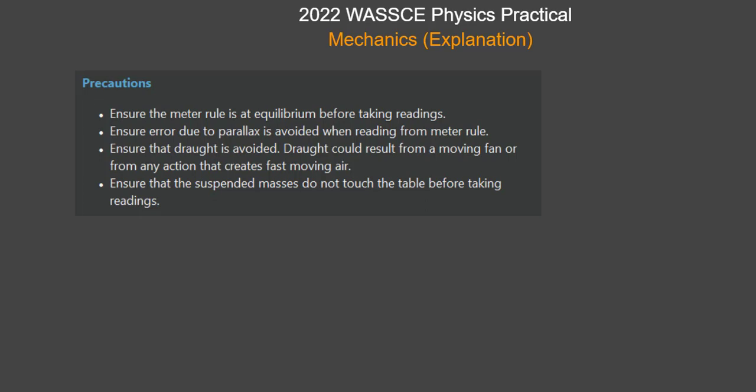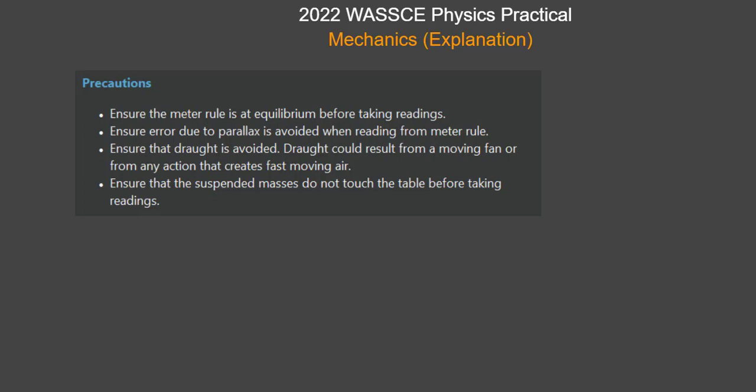Then the third precaution is to ensure that draught is avoided. Draught has to do with moving air, and can be caused by a moving fan or wind. Make sure you don't perform the experiment in a windy environment, because it will lead to imbalance, in the sense that the meter rule could tilt in one direction.